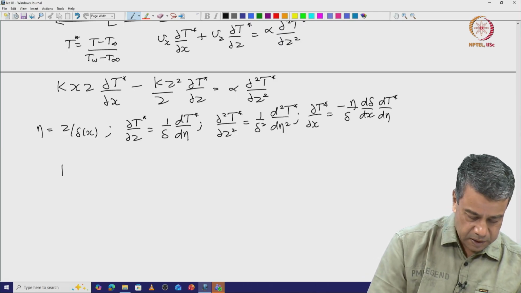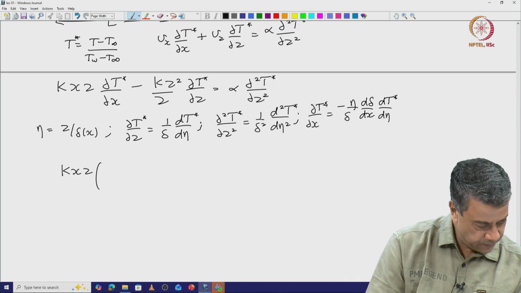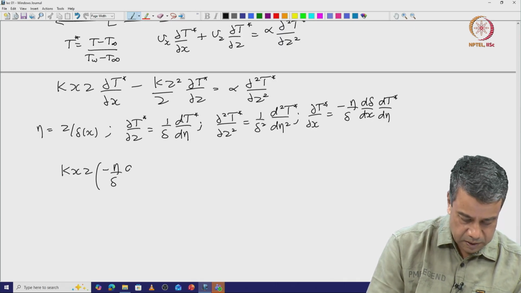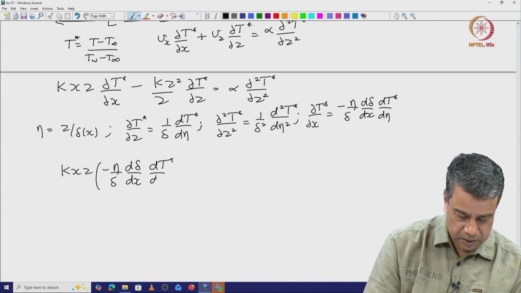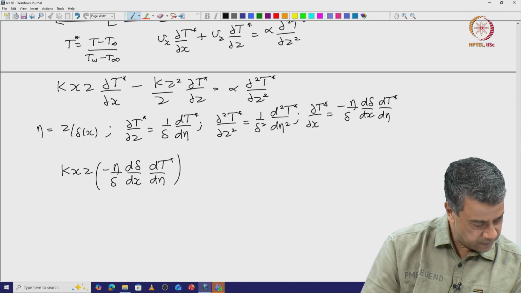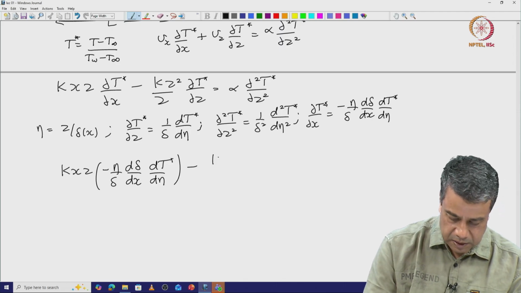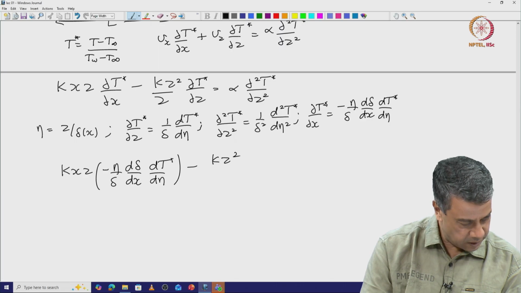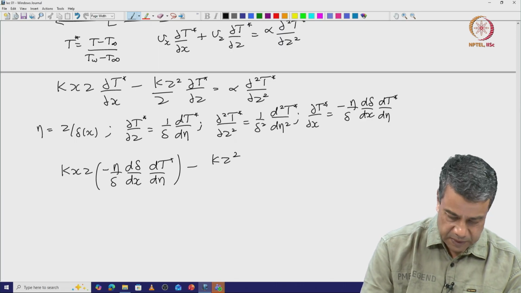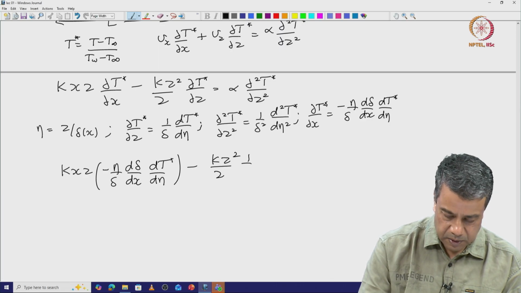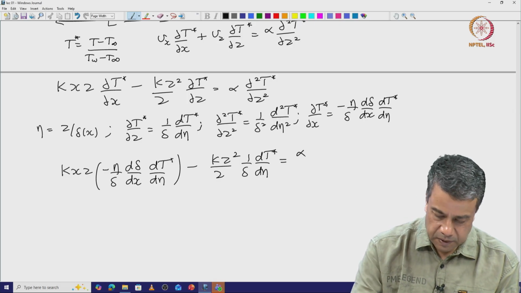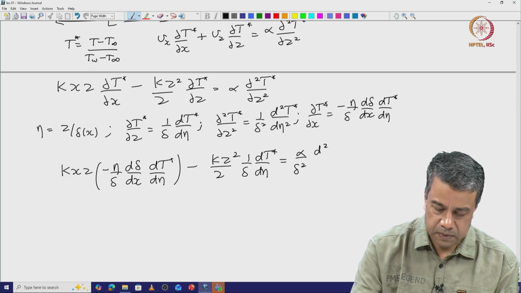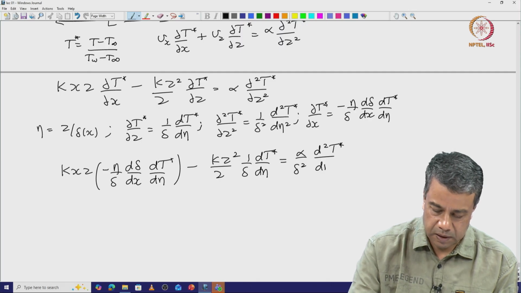So, I get k x z into minus eta by delta d delta by dx dt star by d eta, minus k z square by 2, 1 by delta dt star by d eta is equal to alpha by delta square d square t star by d eta square.